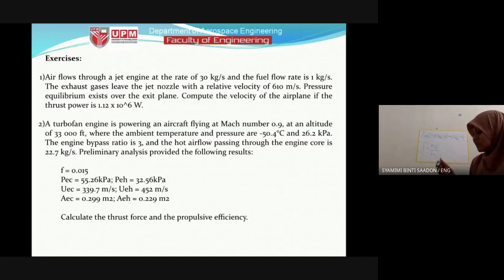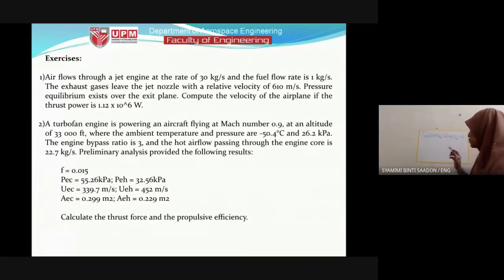MH is factorized here. So this part is only the hot air from the core engine part, like the turbojet.